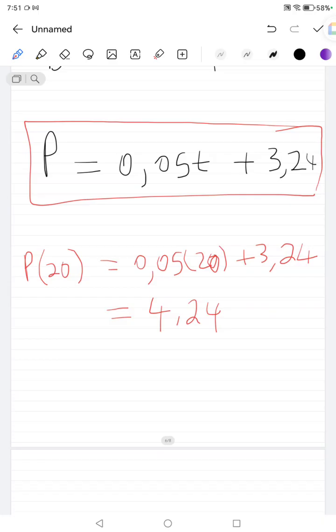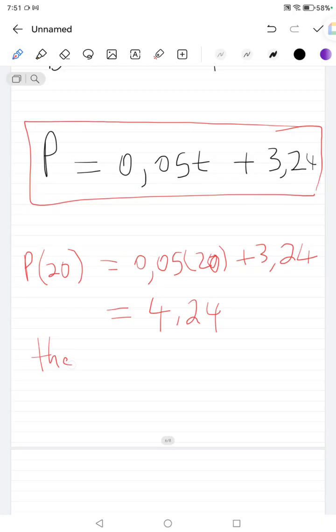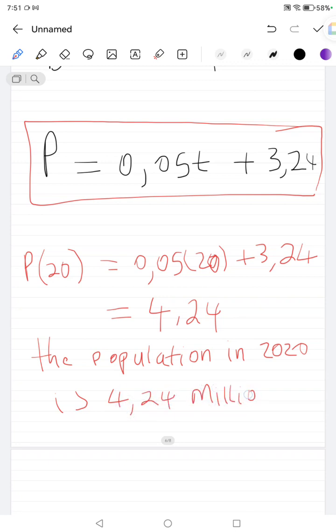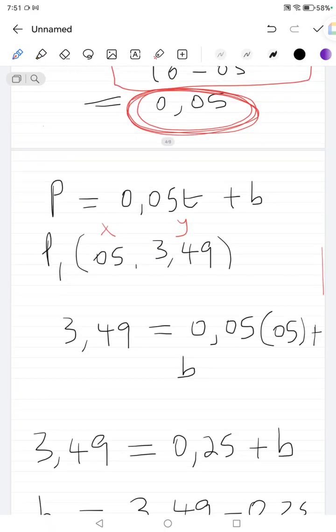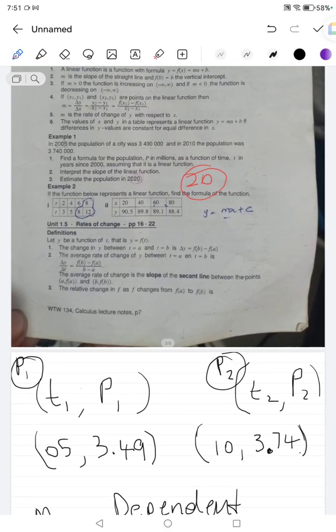So here you'll say the population in 2020 is 4.24 million. So yeah, that's it. We've done the one for that one.